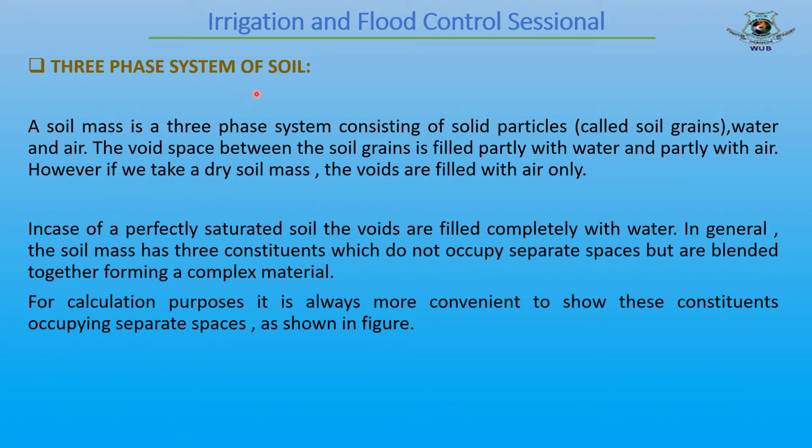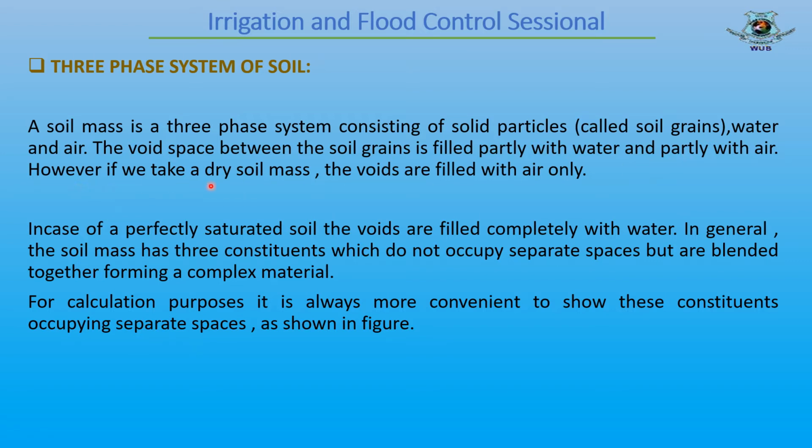Three-phase system of soil. A soil mass is a three-phase system consisting of solid particles, which is also called soil grains, water and air. The total amount of water and air is actually the void space. So, the void space between the soil grains is filled partly with water and partly with air.